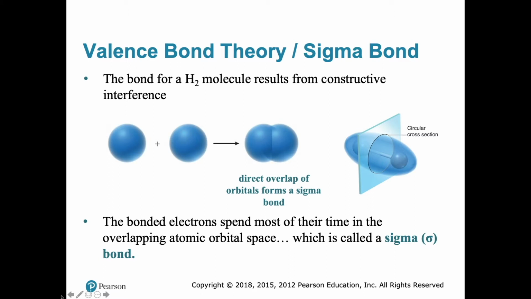Those bonded electrons spend most of their time in the overlapping space, and that's why these two atoms are now sharing their electrons in this little sigma bond here. So that's another thing you need to remember: s orbitals come together to make sigma bonds.